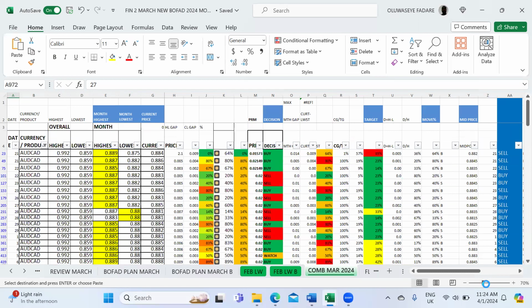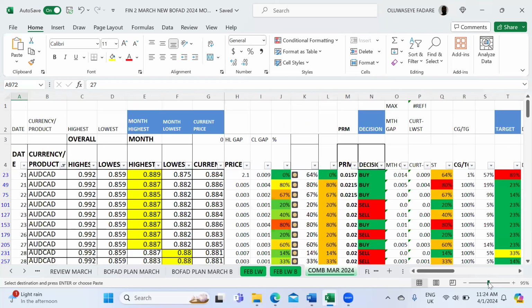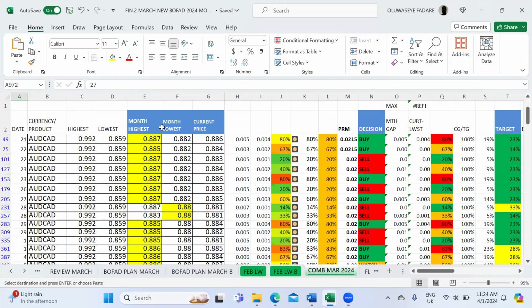the updates are done according to change in price. So when the prices change in real time, then we have to color it yellow. So for example, here, look at it, AUD card, the price was moving from 0.885 to 0.887. It stopped at 0.887 here, moved down from 0.882 to 0.88.